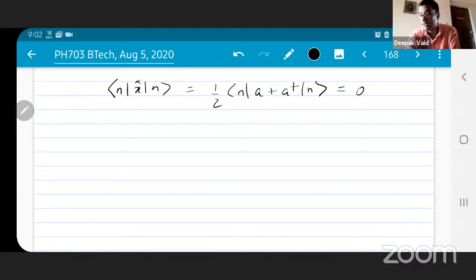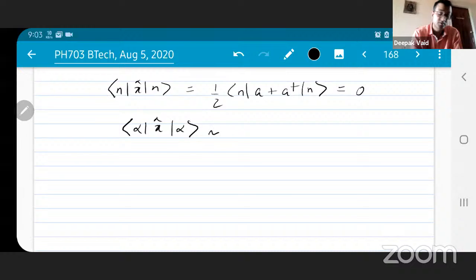But if you take the expectation value of the position in this coherent state, this will turn out to be of the form something like cosine alpha.